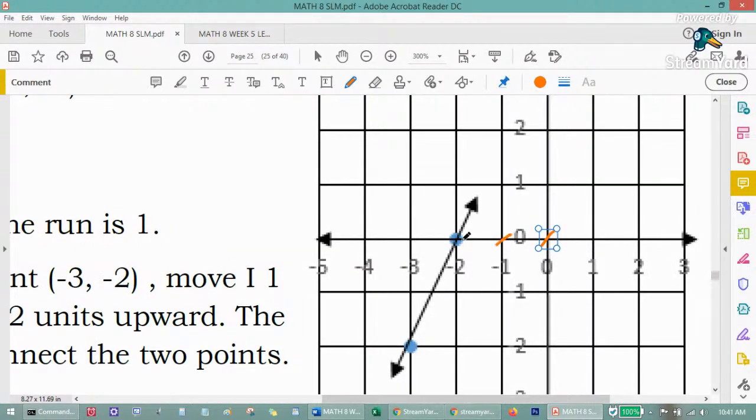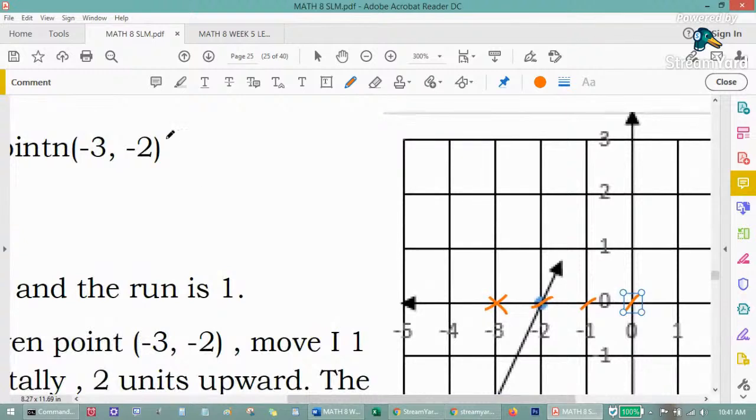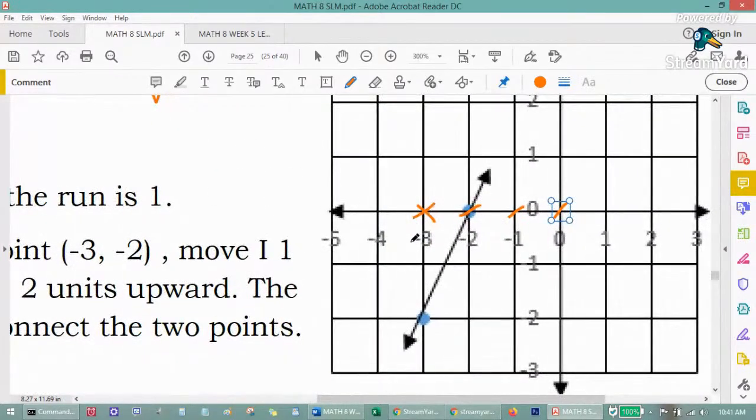Negative 1. Negative 2. Negative 3. So, dyan tayo tumigil, ano? And then, ang y natin is negative 2. So, since negative ang y, bababa tayo. Okay? So, negative 1. Ayan ang negative 1. Negative 2. So, therefore, ayun yung point. Okay?